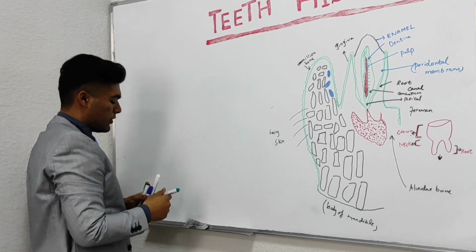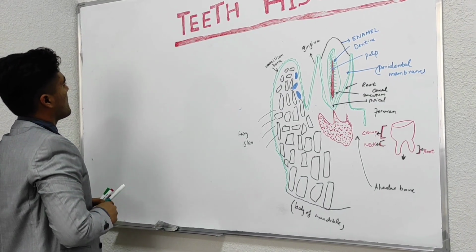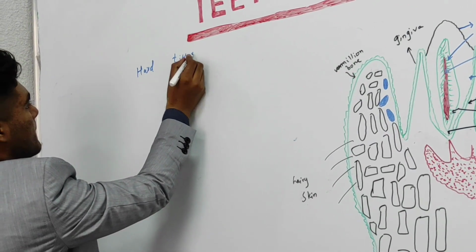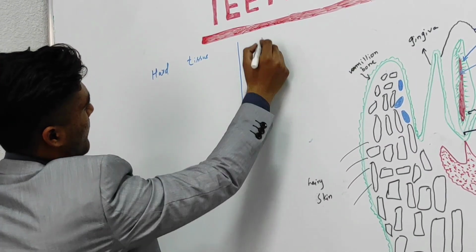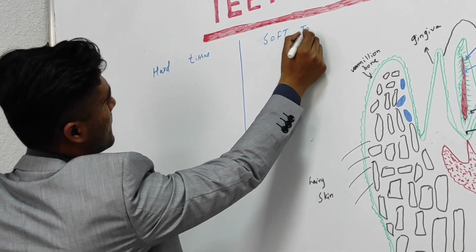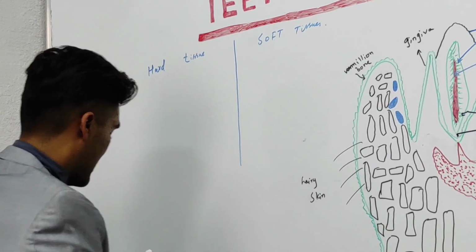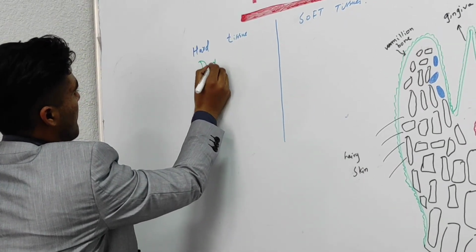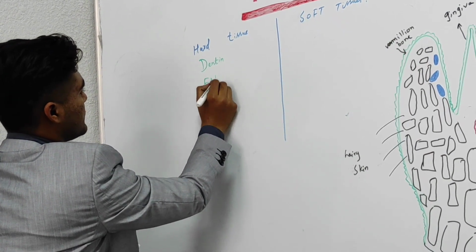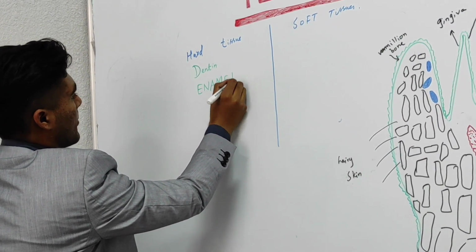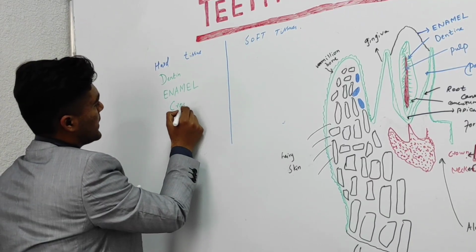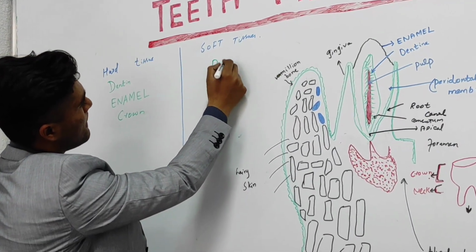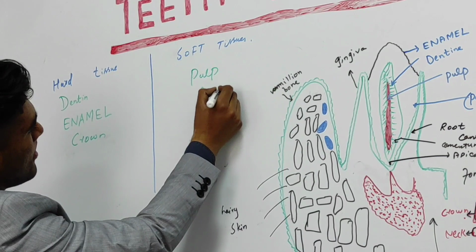And soft tissues include pulp cavity and pulp.